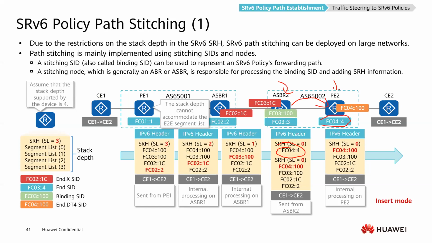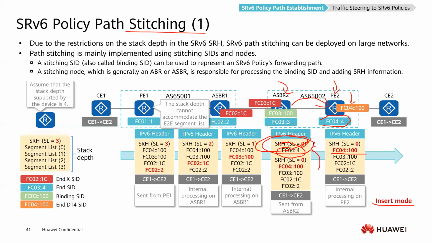When P2 receives it, it will remove the outer header because the SL is 0. It will remove the outer header, and it will check the inner header, FC04::100, which means this certain VPN. So this stitching mode is what we call the insert mode.